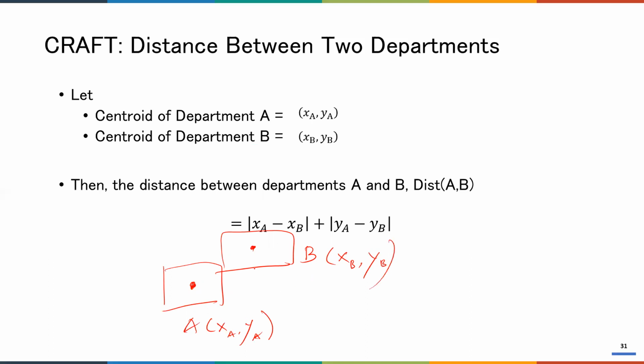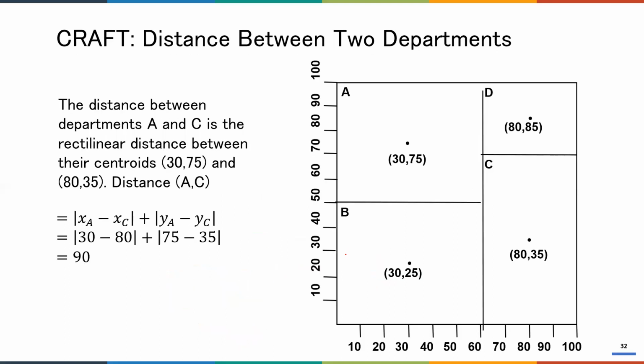So we find the distance by calculating the movement along each coordinate: the absolute value of XA minus XB plus the absolute value of YA minus YB. So this is the distance. In CRAFT, we use rectilinear distance.